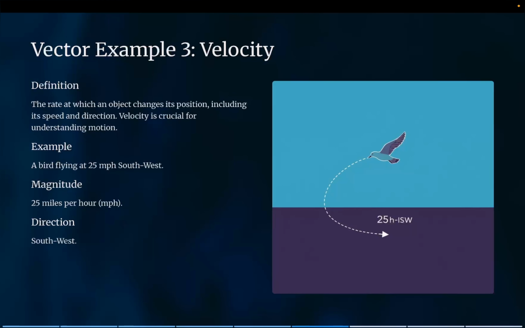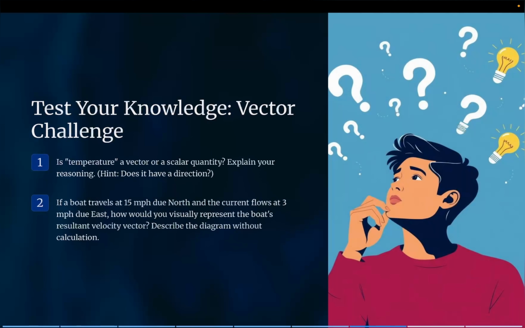Now the third example, velocity. Velocity is the rate of change of displacement, and the example given here is 25 miles per hour. So 25 miles per hour is the magnitude and southwest is the direction. Now let's go to the questions.